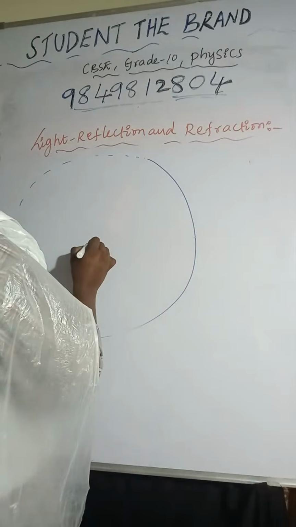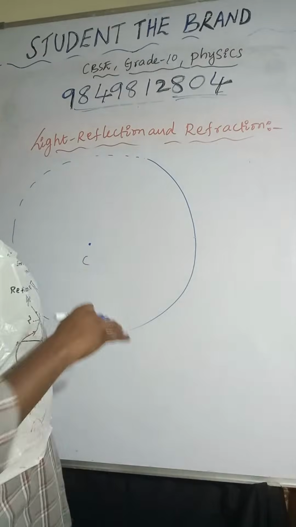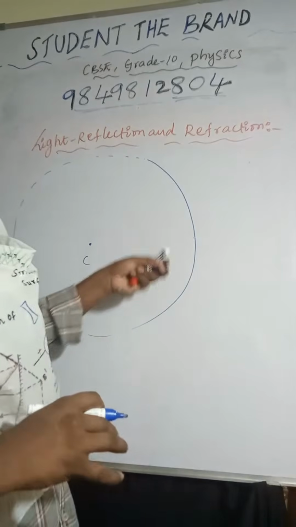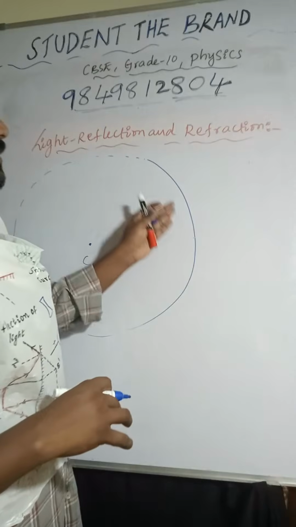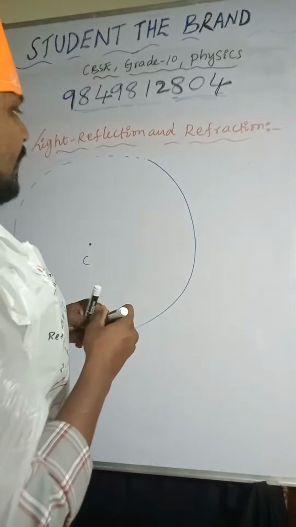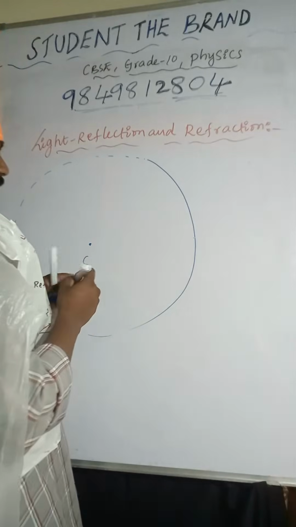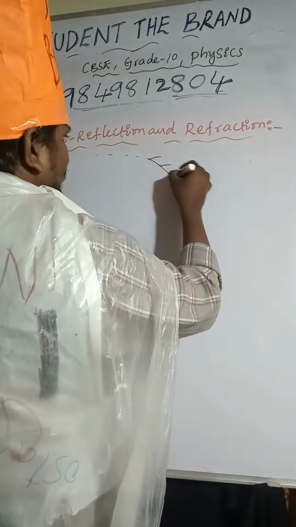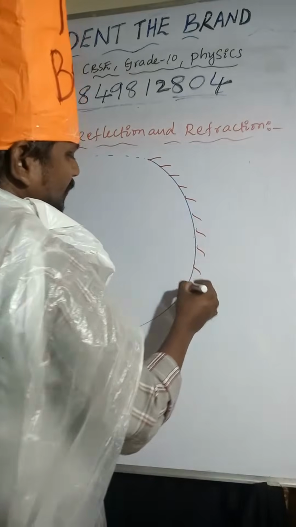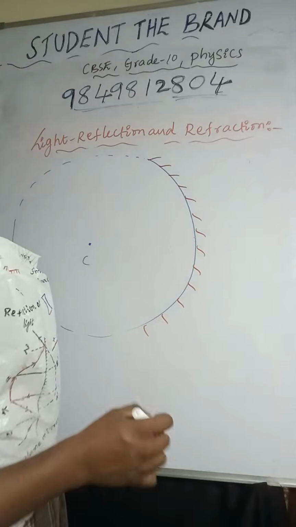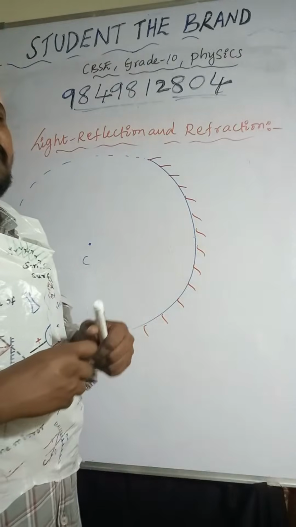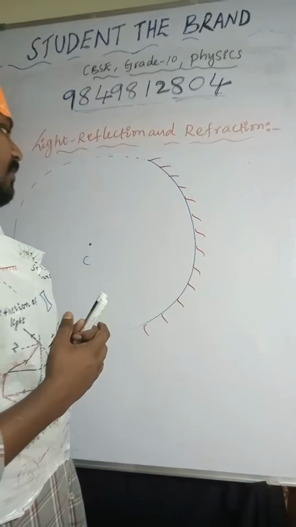The center of the imaginary sphere in which the mirror is a part. So still we are taking the concave mirror like this. The mirror whose reflection takes place inward is called a concave mirror.